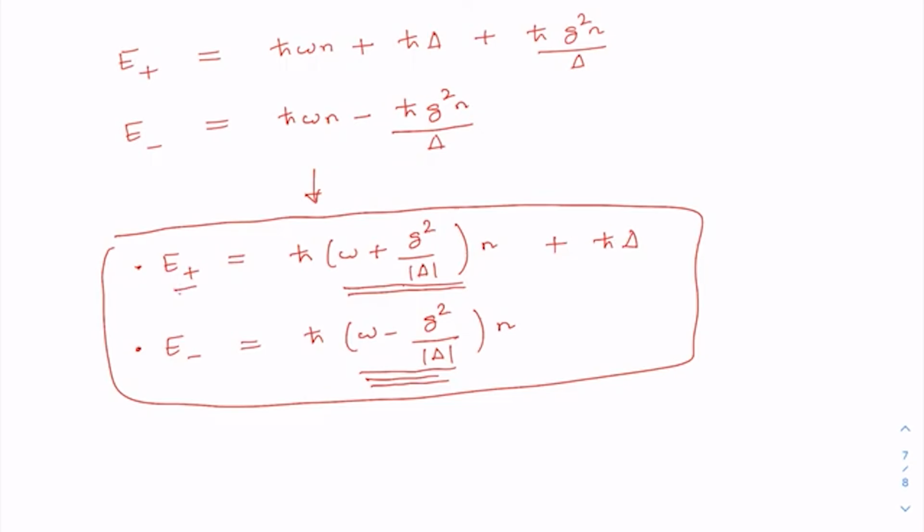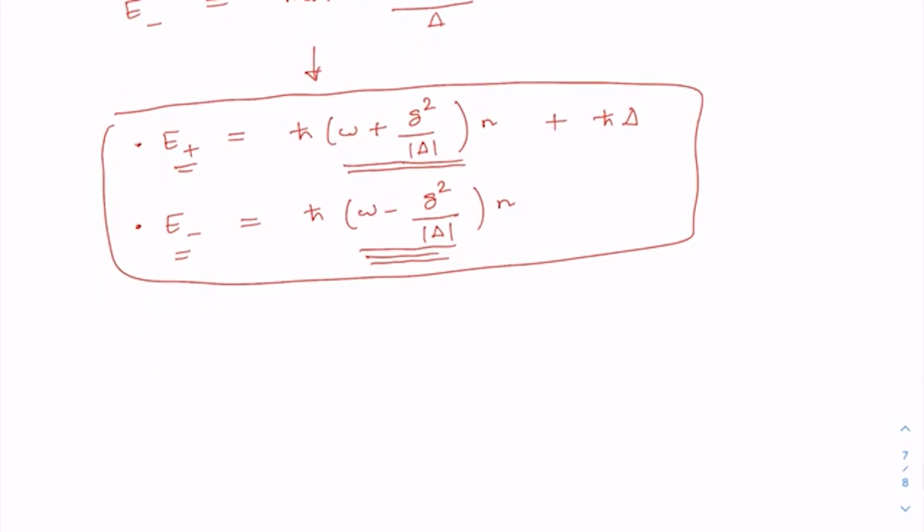As you know, E plus refers to the case when the atom is in the excited state, while E minus refers to the case when the atom is in the ground state. You can recall that when we discussed the case z equal to 0, we had E plus equal to h cross omega n plus h cross delta, which we can write as h cross omega (n minus 1) plus h cross omega atom.